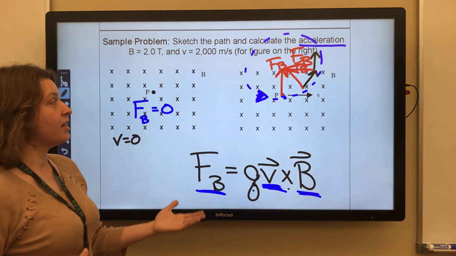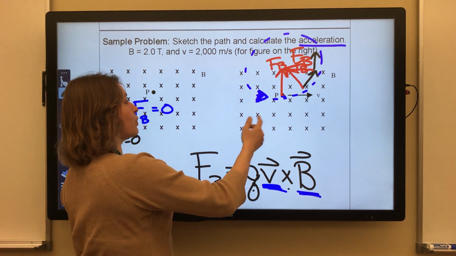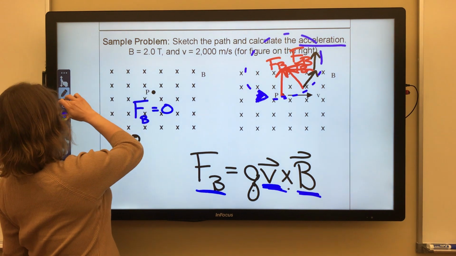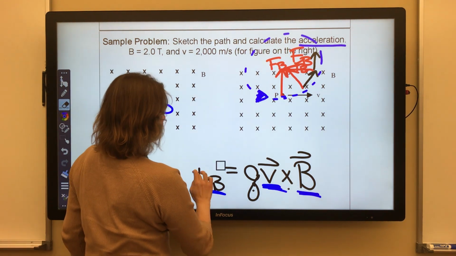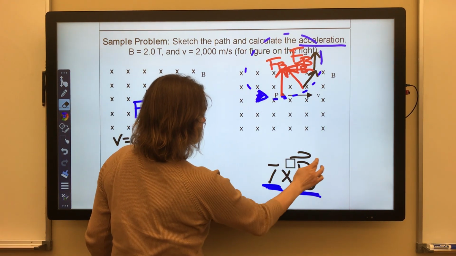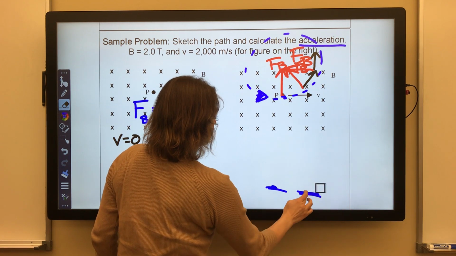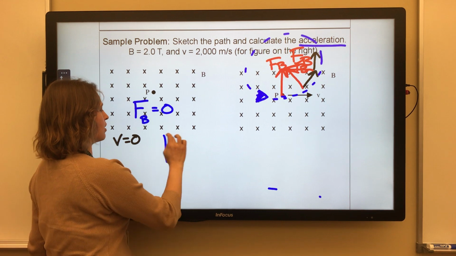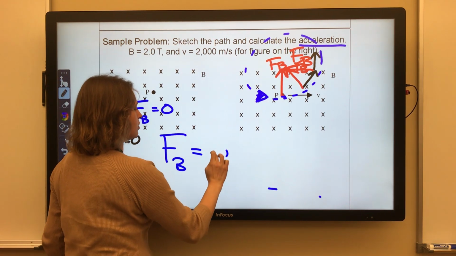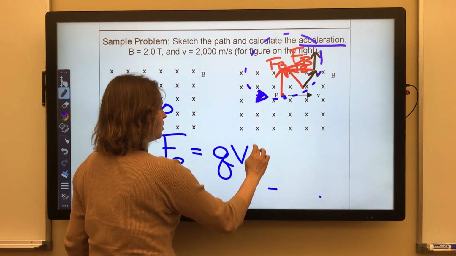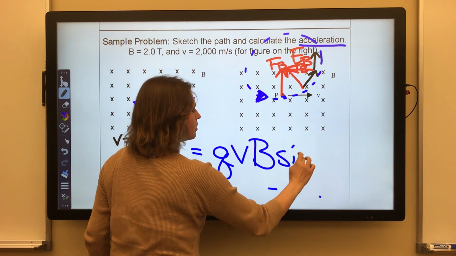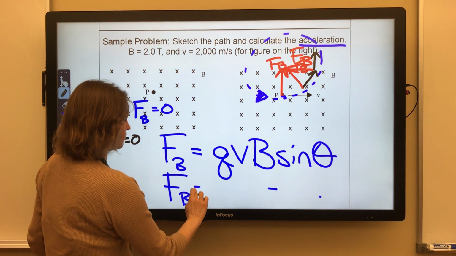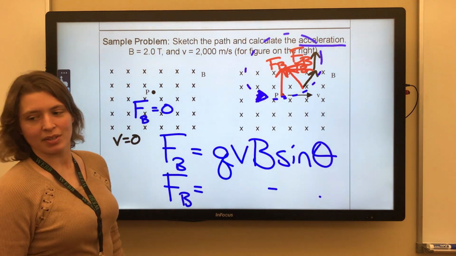We can also calculate the magnitude. I know the direction of this force, and if I wanted to calculate the magnitude of that force, I'm going to use my equation for the Lorentz force, which is that magnetic force is equal to Q V B sine theta. I don't care what Q is.